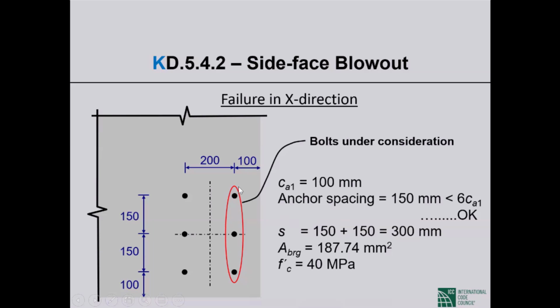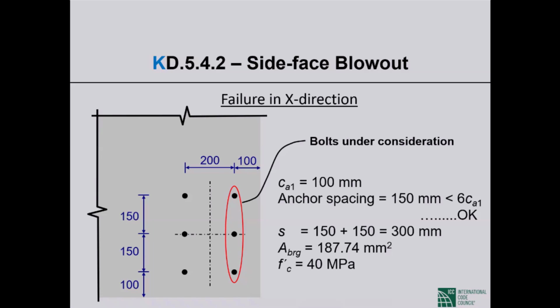The spacing between outer anchors is 300 millimeters. This is very, very important. S is not 150 millimeters. You remember, S is the spacing between outer anchors, and that in our case is 300 millimeters.